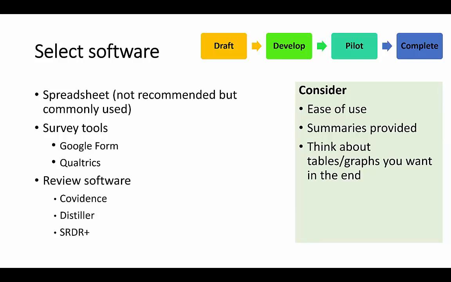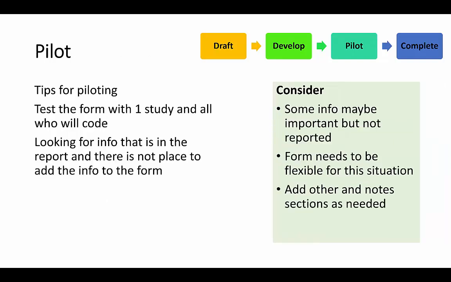Things that are not review software are not going to help with the fact that you're supposed to have at least 2 people coding everything and then combine those answers together and reach consensus. So it's going to be a little bit more complicated if you're not using review software, but it can be done. And it's really important to pilot those studies.